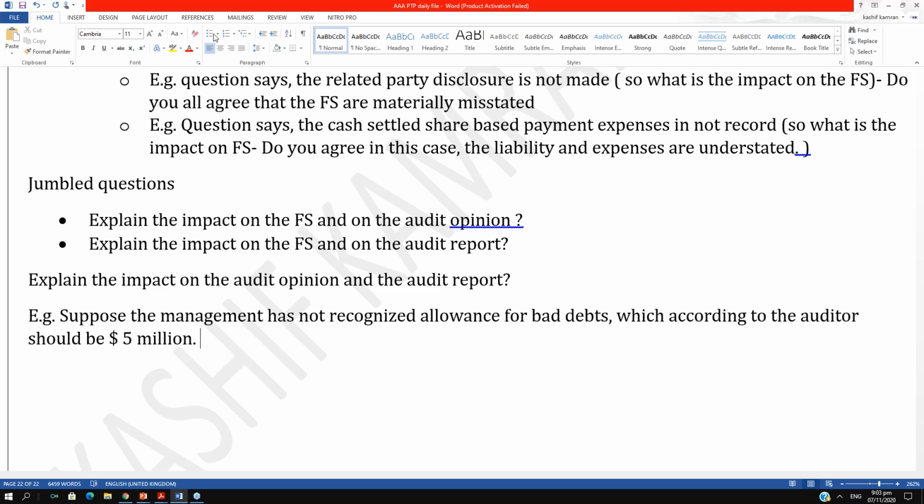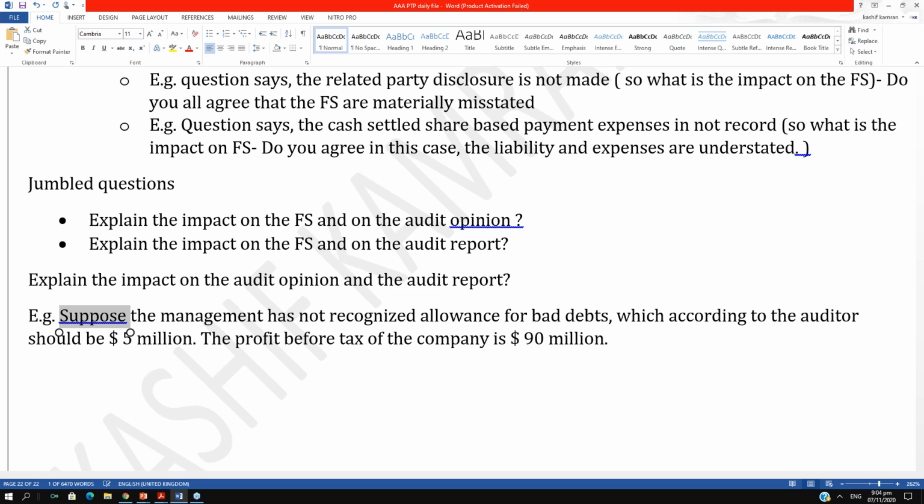The auditor is concluding $5 million is the allowance, but the management is not recording that. The profit before tax of the company is $90 million. The question is asking you to explain the impact on the opinion and the audit report.